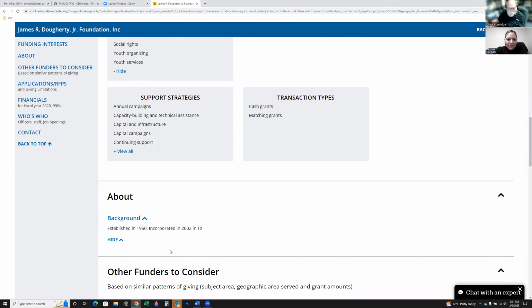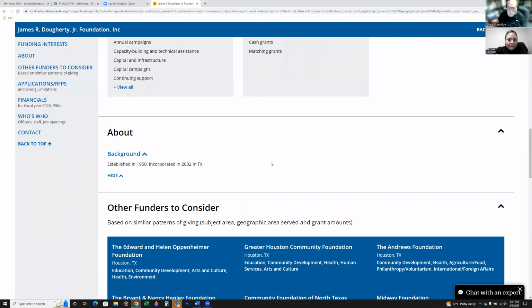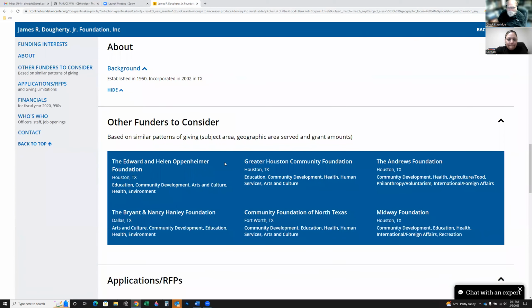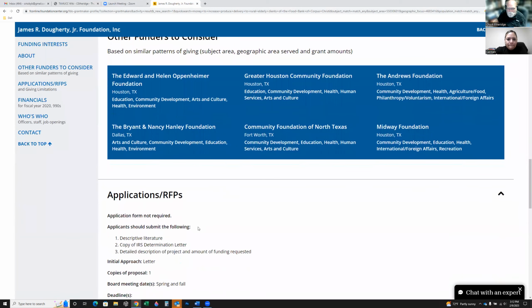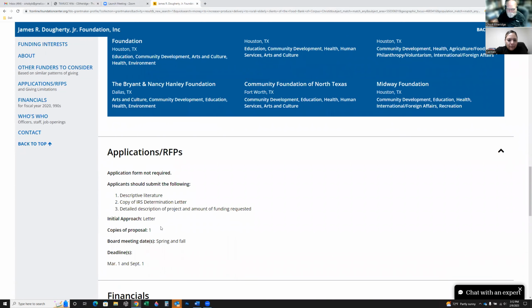Background established in 1960, incorporated in Texas, 2002. Application form not required, descriptive literature, copy of our determination letter, detailed description of project, amount of funding request, a national approach letter.